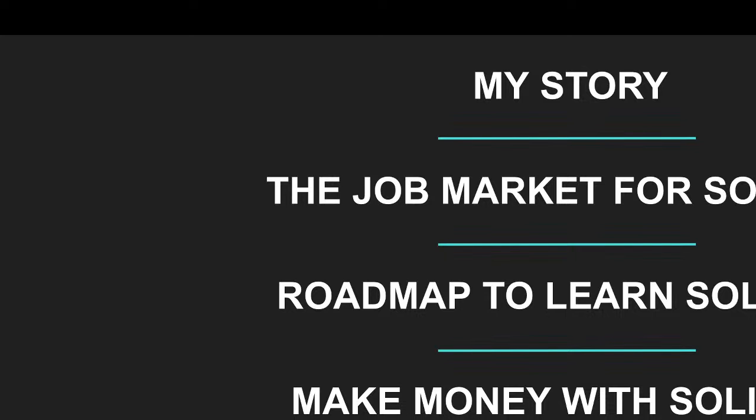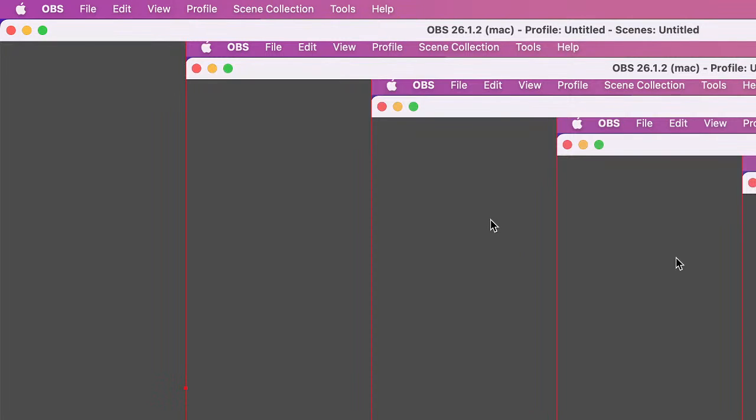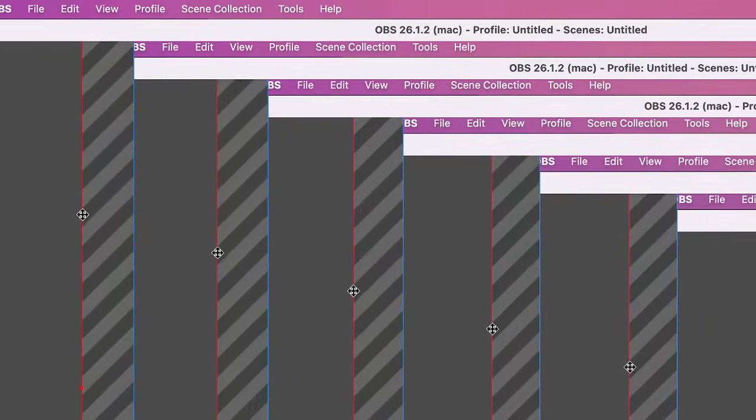Okay, now I can see it from my phone. Okay, so unfortunately this is not centered. I'm gonna fix this. Oh my god, it's always so difficult to use OBS. Okay, let's try something.